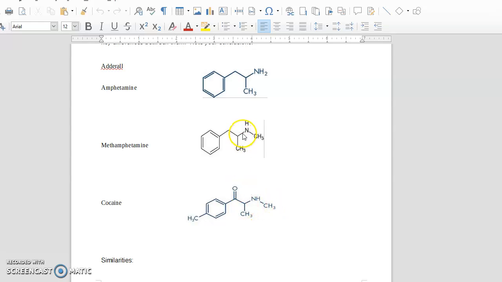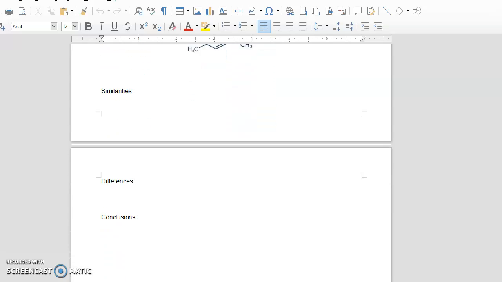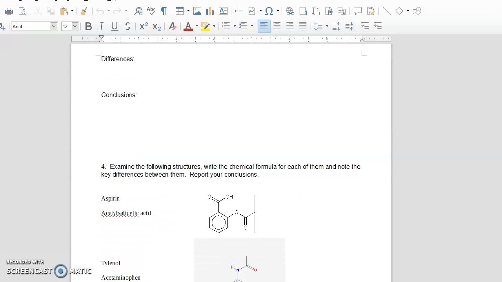So the changes from methamphetamine to cocaine are essentially just adding oxygen with a double bond here and a methyl group over here. Okay? So anyway, you can compare the difference between them, and those little differences make all the differences in the world in terms of how they react to your body.